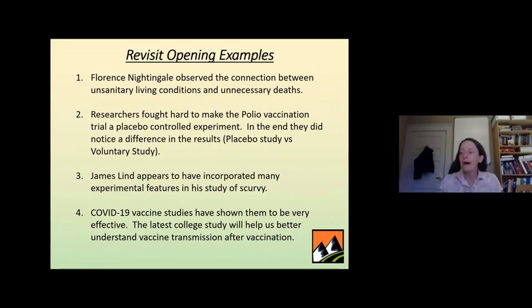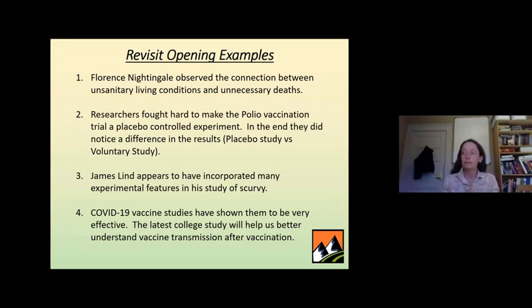So looking back at some of our historical examples, Florence Nightingale observed the connection between unsanitary living conditions and unnecessary deaths. She basically conducted an observational study, taking data from whatever she could gather, and made this connection.